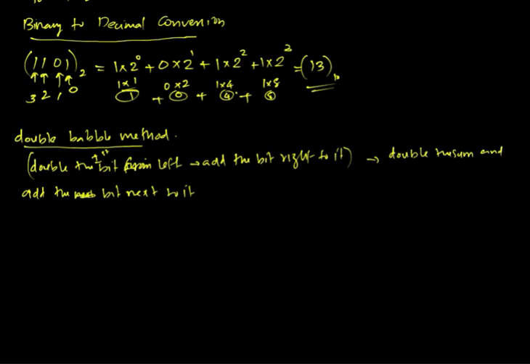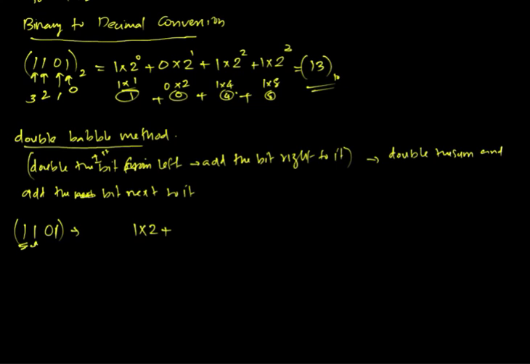That means, for example, if you consider this 1101, the first step is to double the first bit from the left. Here it is 1, so we have to double that. To double means multiply it by 2, then add the bit right to it.